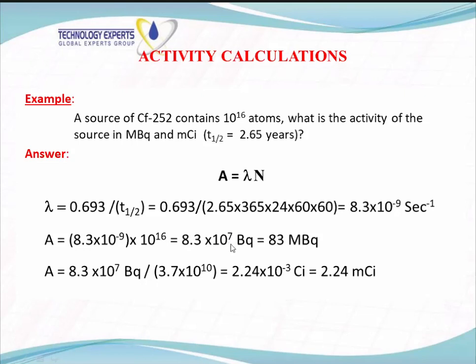This is the number of atoms decayed per second, which is becquerel. This equation gives you becquerel. I need it in megabecquerel. It's easy. Put mega and divide by mega, meaning divide by 10 to the power 6.